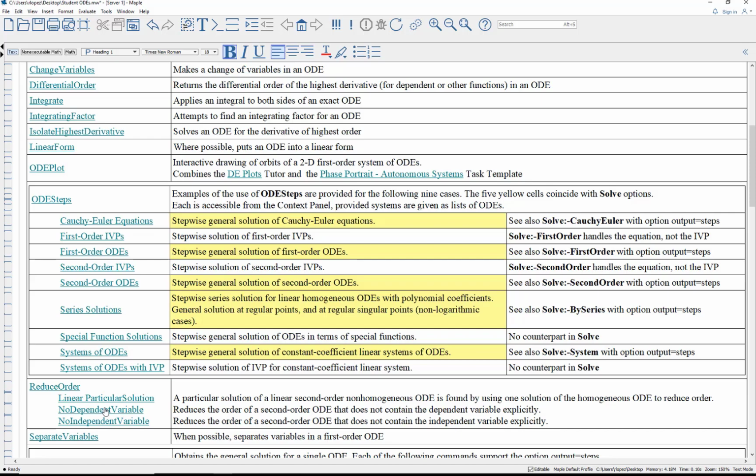More like 60 now, I think. Okay, and then separating variables. This was always a hard thing to do in Maple without any special tools. To separate variables in the differential equations and then integrate both sides, it took a lot of finesse at the keyboard, and now there is a command for it.